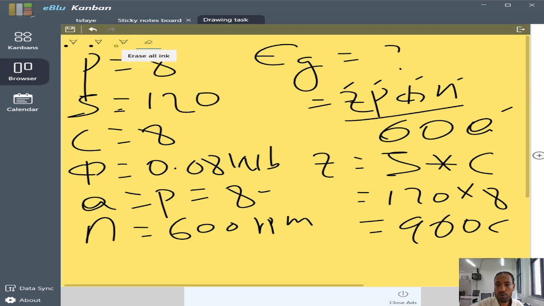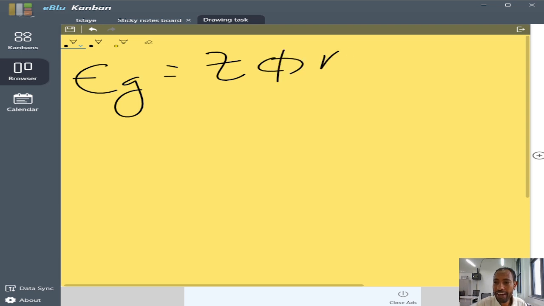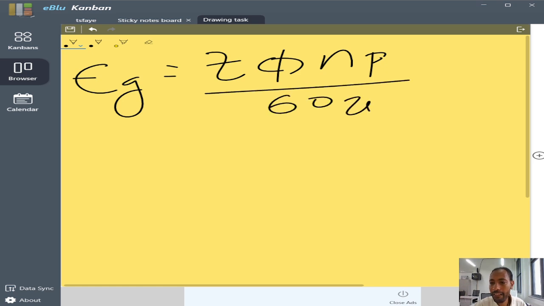So EG is going to be Z phi N P over 60A.